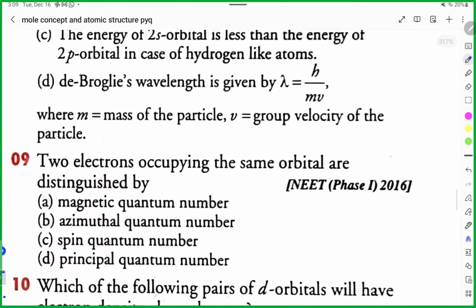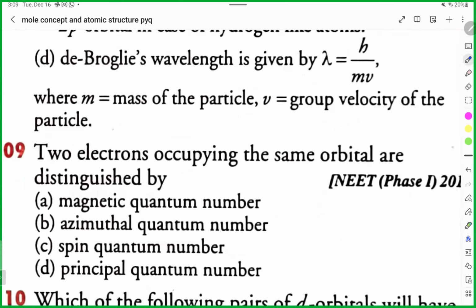Sarah, two electrons occupying the same orbital are distinguished by which quantum number? Two electrons in an orbital. Sarah, are you there? Quantum number. Which one?